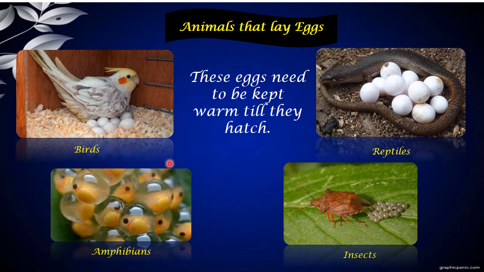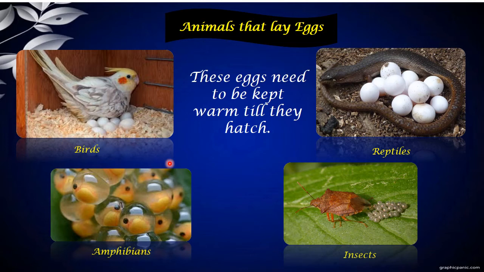What happens whenever you break a hen's egg? We just prepare an omelette, right? Can you see anything there? Nothing. You can see only the yellow yolk and the white albumin. Only these two things you can identify in the egg. You cannot see any features that belong to a chick.